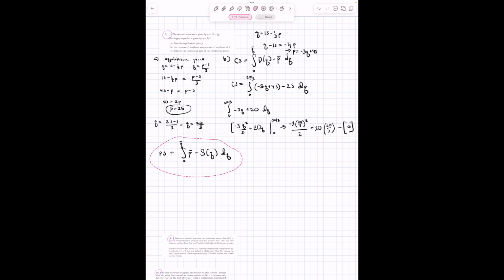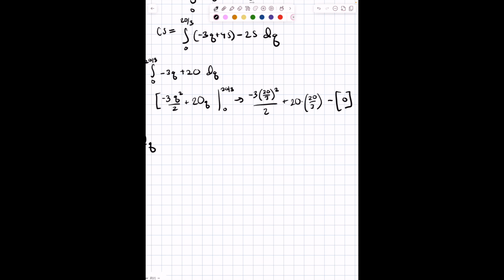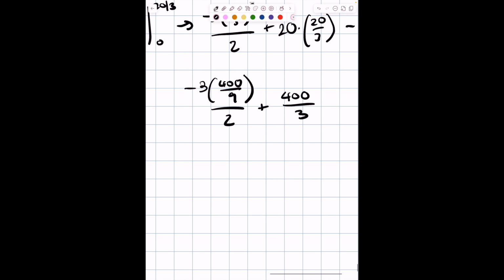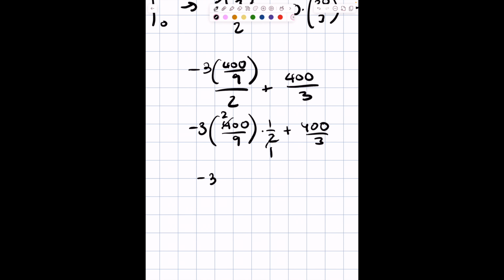And basically what you get is negative 3 times, this is 400 over 9 when you square it, plus 20 times 20/3, this is 400 over 3. And then I have negative 3 times 400 over 9 times 1/2 plus 400 over 3. This cancels, so I have negative 3 times 200 over 9 plus 400 over 3, because these two cross cancel.